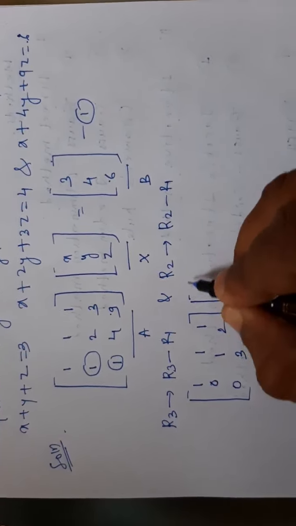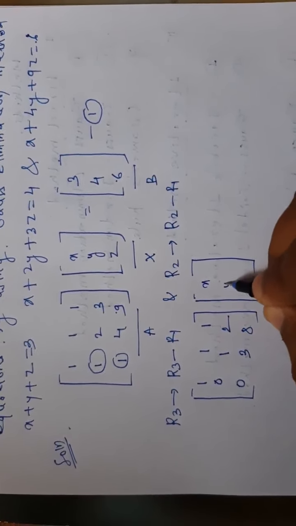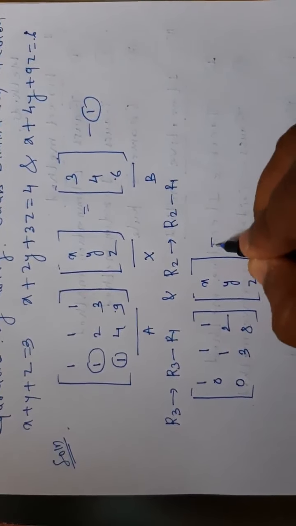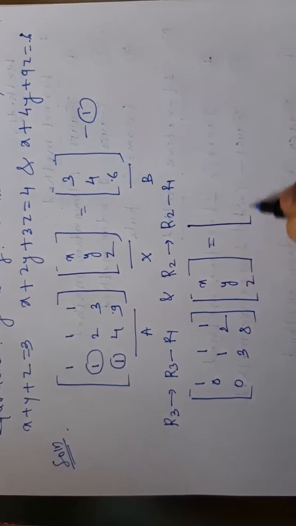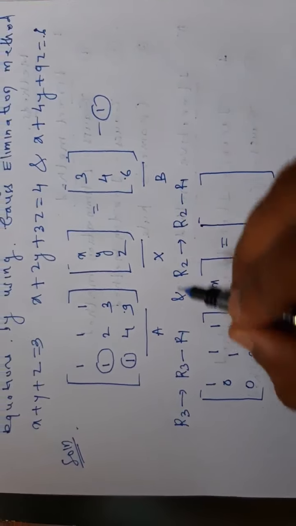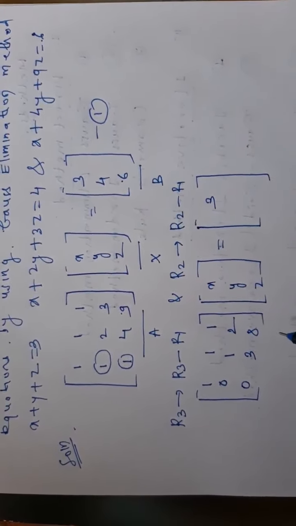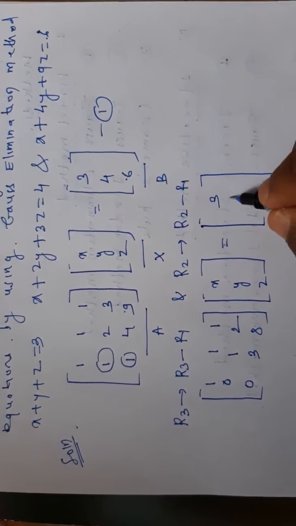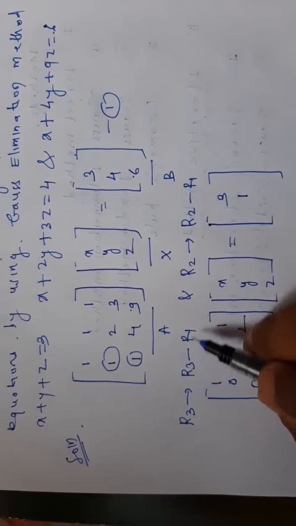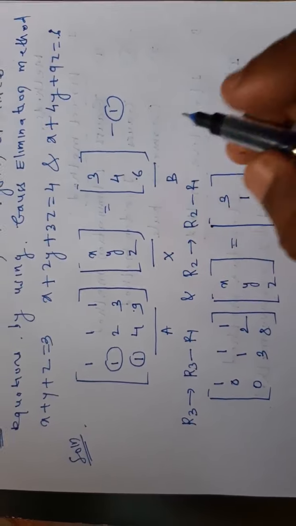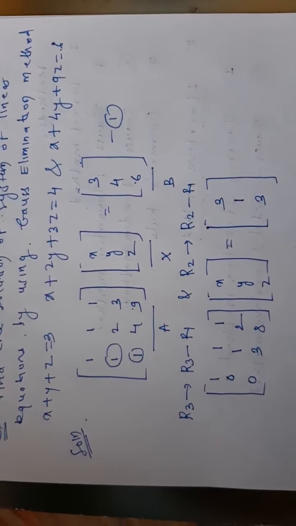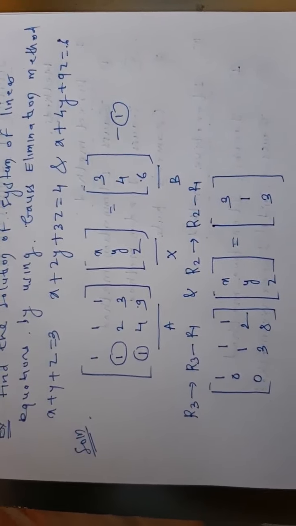This is the matrix of unknowns. On the right side, I will write 3 as it is, then R2 minus R1: 4 minus 3 is 1, and R3 minus R1: 6 minus 3 is 3.